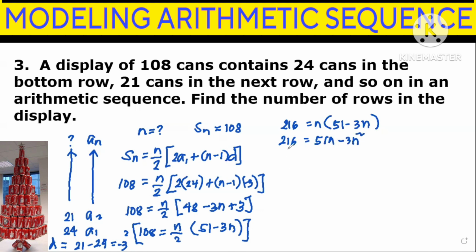Now, transforming this into standard form, we have 3n squared minus 51n plus 216 equals 0. Now, we can divide each term by 3 to simplify. No? We have n squared minus 17n plus 72 equals 0. Now, since we have a quadratic equation, we can solve this by factoring.